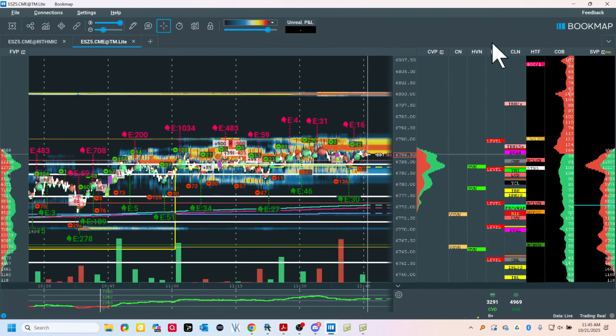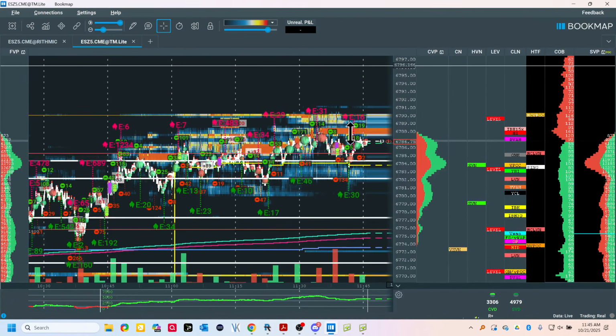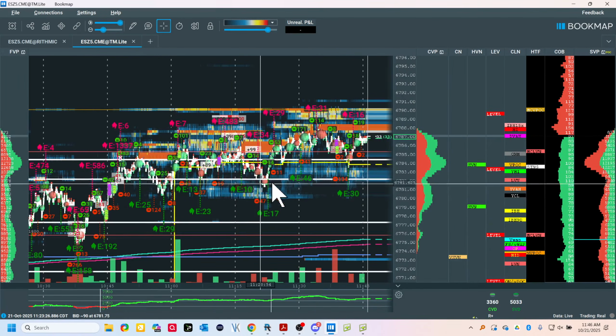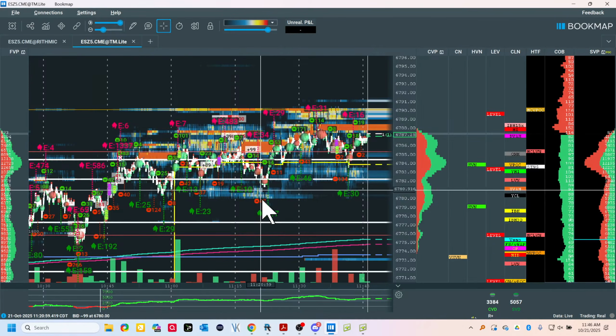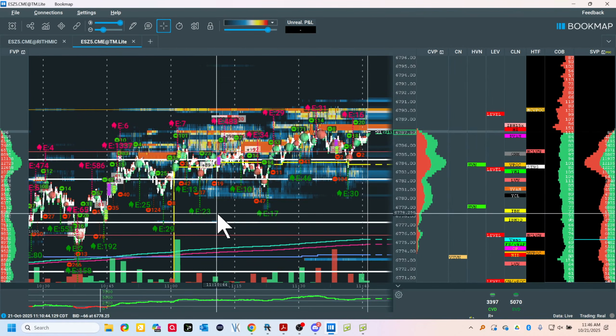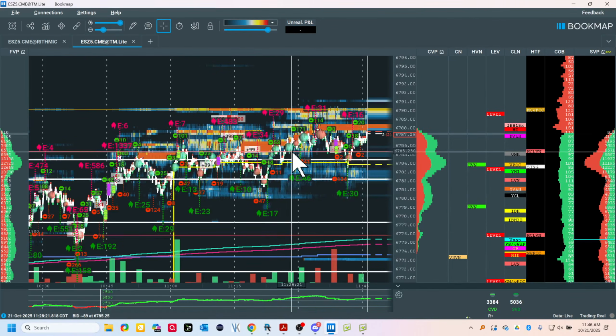But in the meantime, how do you get long? Well, other than out here, this would be a long if we had gotten below here and out here. That's all I can tell you about it. This is a non-qualified long, but everything else is in gear. Does that make sense?